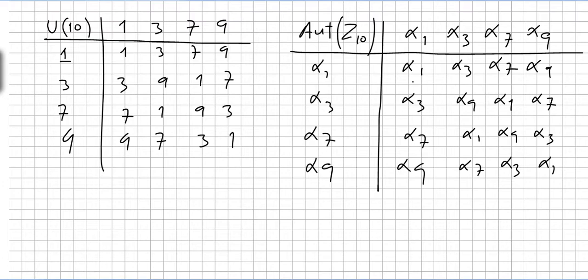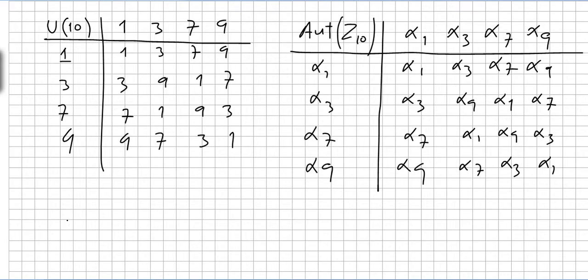Alpha 1 times alpha 1 you get alpha 1, etc. You can see that both tables are equal, U10 and the automorphisms of Z10.